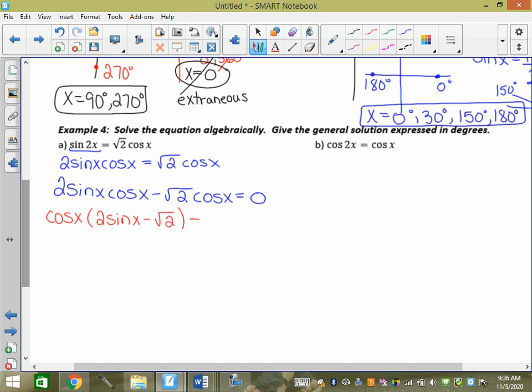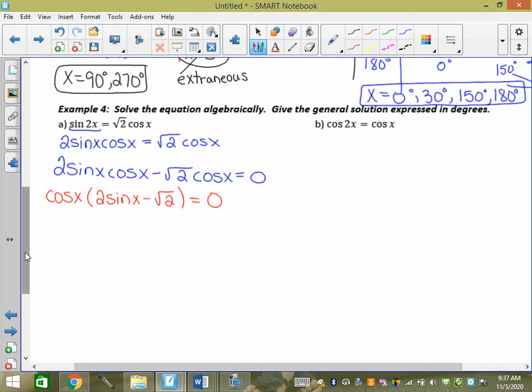Could I replace cos x with m and sine x with n and do it that way? Yes, please. If this is confusing to you, do that. Let m equal sine x, let n equal cos x, and I can go 2mn minus root 2n equals 0.